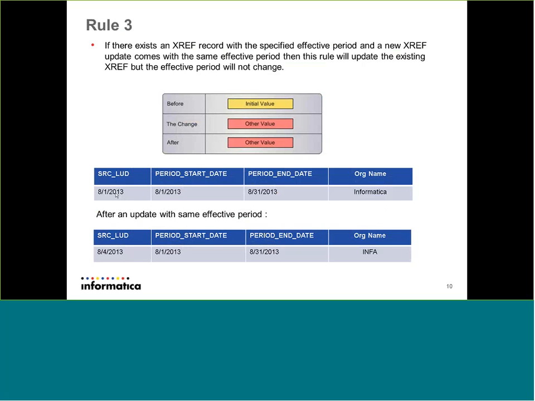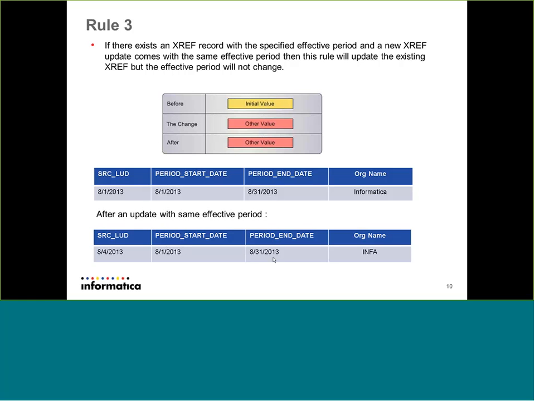Okay. So consider I have a cross-reference record which has the period start date as 8/1, that is August 1st, to August 31st. And the custom column, say organization name is a custom column which has the value Informatica. So when I do an update, providing the same start date and end date and update the value as Infa, it will not have any impact.